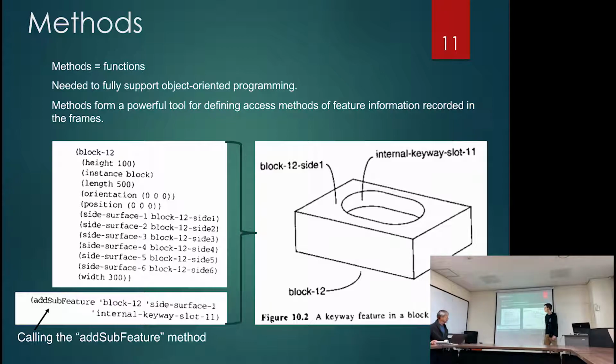This is the code for it, and we may want to have a very useful function that creates a slot in that block. So you specify the block, which side of the block you want the slot to be in, and then the name of the actual feature instance.